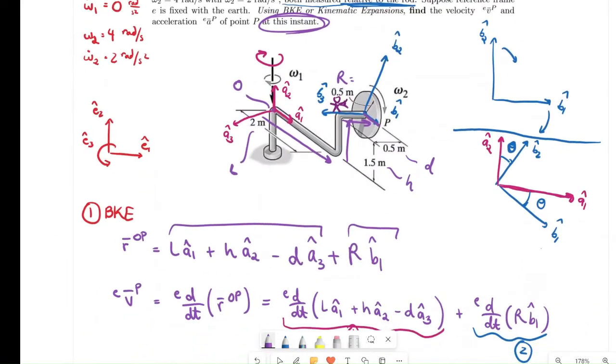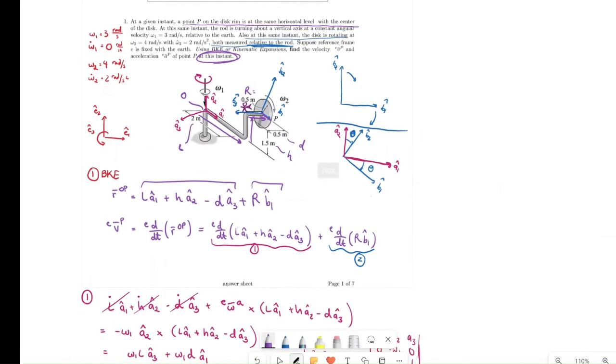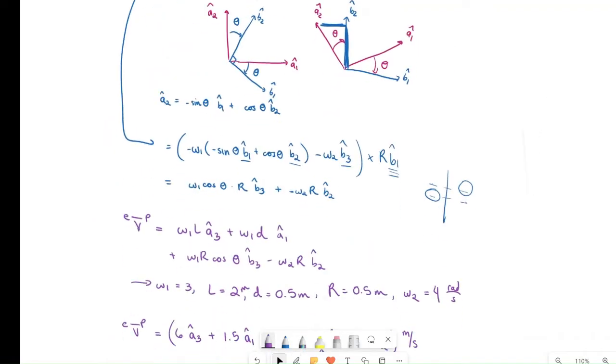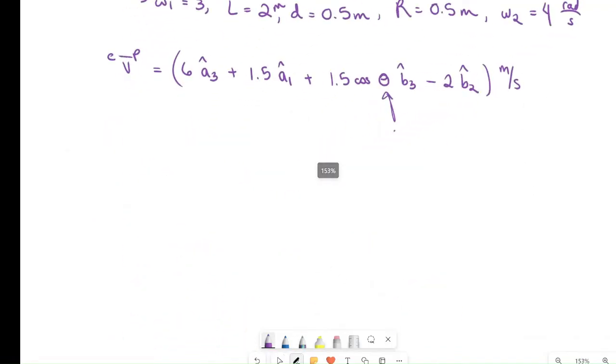So that then means that the angle between the A1 and B1 vector is going to be 0 because they're on the same horizontal levels. So this is the center, this is P. For them to be on the same level, they have to be parallel to A1 hat. So that means theta is equal to 0.